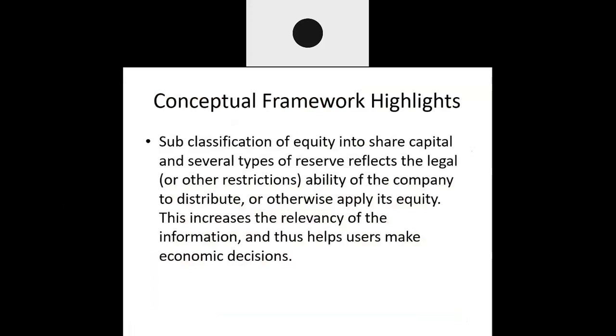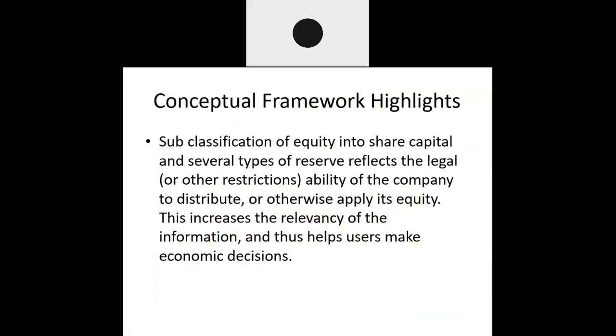So let us look at the highlights of the conceptual framework for accounting for shareholders' equity. The sub-classification of equity would be share capital and also several types of reserve.